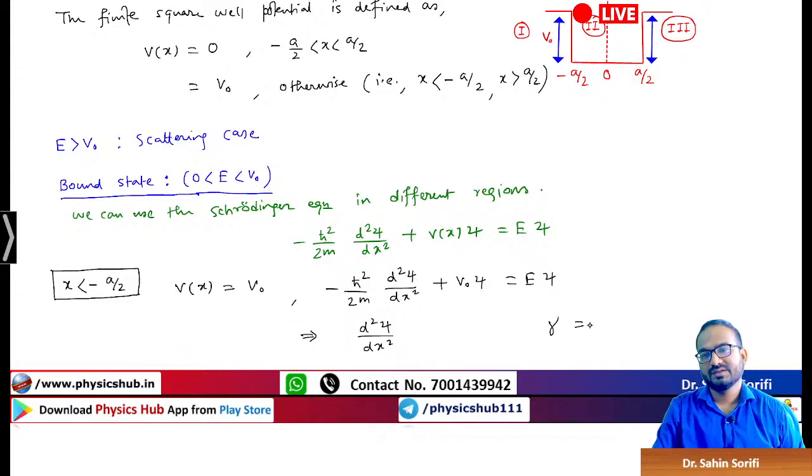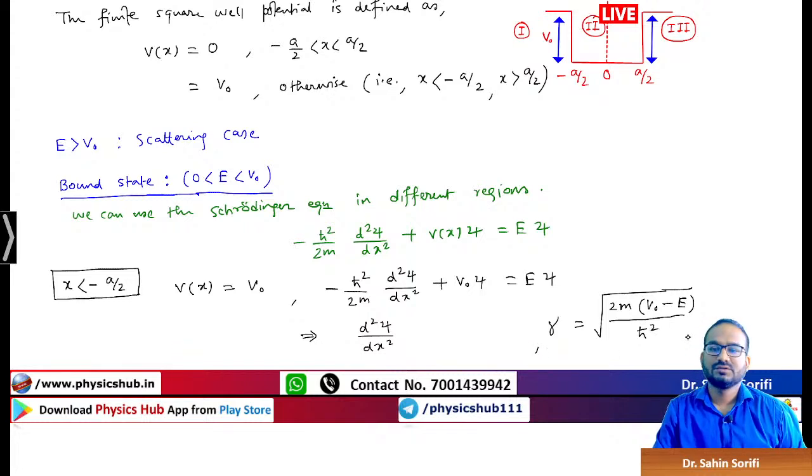So gamma is equal to the square root of twice m times V naught minus E by h cut squared. Look, here the energy is less than V naught, so obviously this will be V naught minus E. If you do E minus V naught, because E is less, that term will be negative and that will be imaginary, but gamma cannot be imaginary.